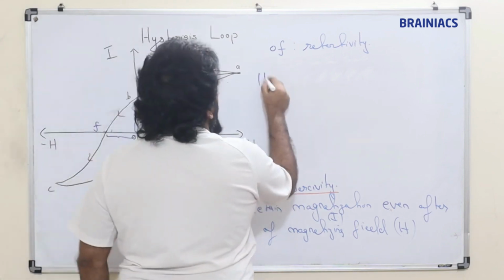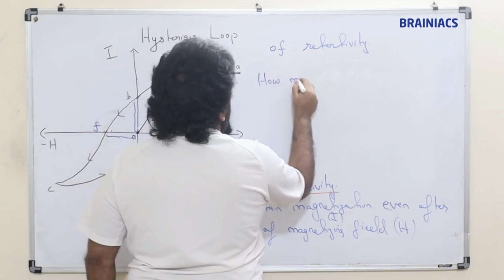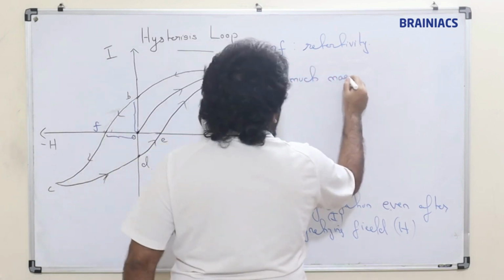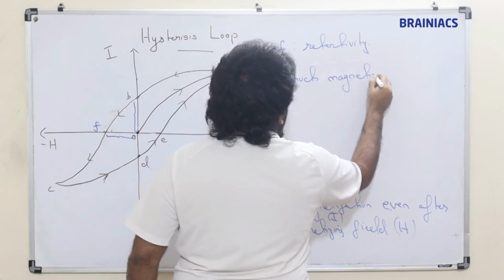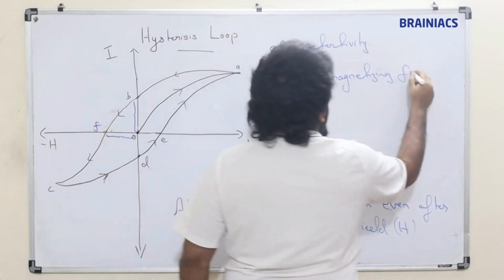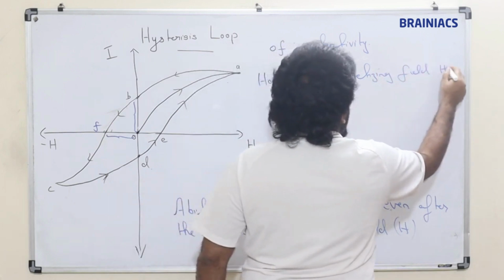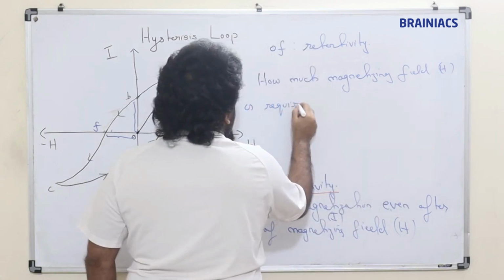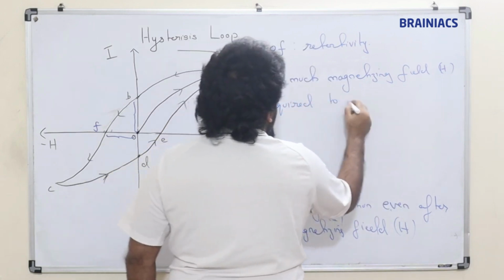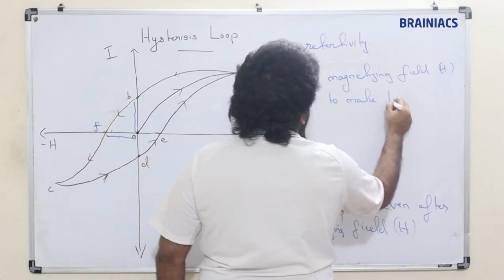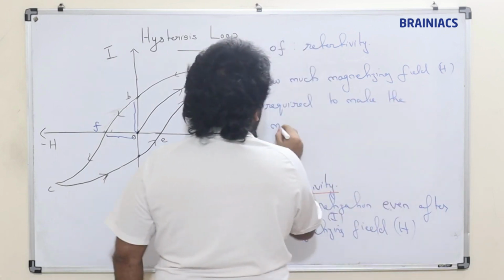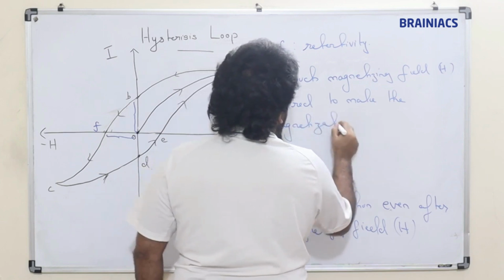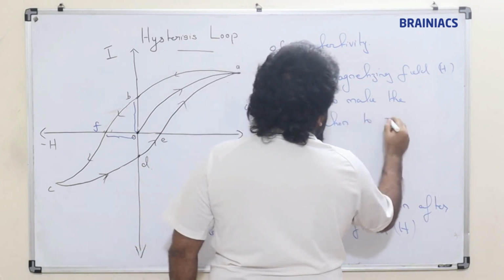Okay, how much magnetizing field, that is H, is required to make the magnetization to zero.